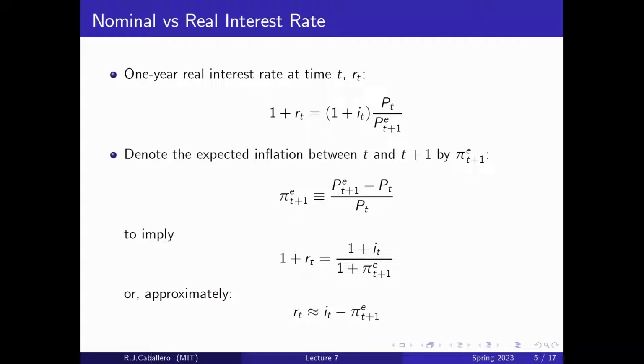If the interest rate is not too high and expected inflation is not too large, as is the case in most countries but a few around the world, then this implies approximately that the real interest rate is approximately equal to the nominal interest rate minus expected inflation. I'm just taking approximations here.